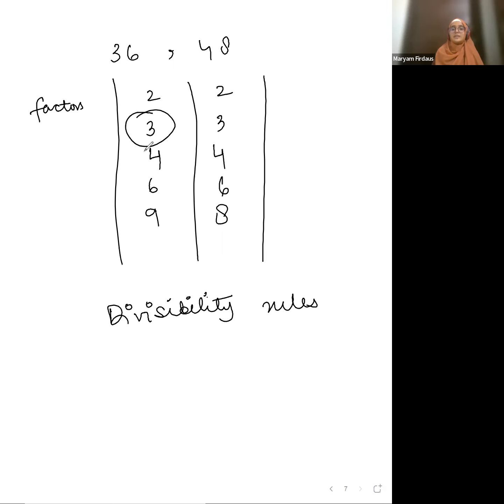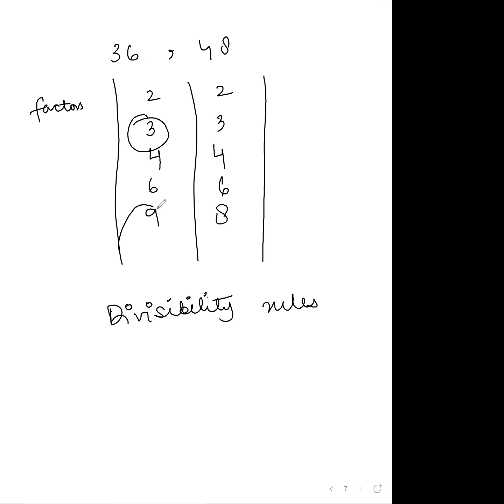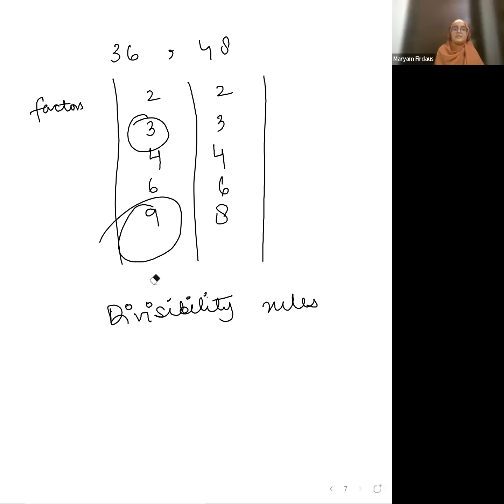In 3, the rule is you add all the digits, so in 9 also, the rule is to add all the digits. But in 9, the difference is that the sum of all the digits should be a multiple of 9. In 3, the sum of all the digits should be a multiple of 3. Here, it should be a multiple of 9.